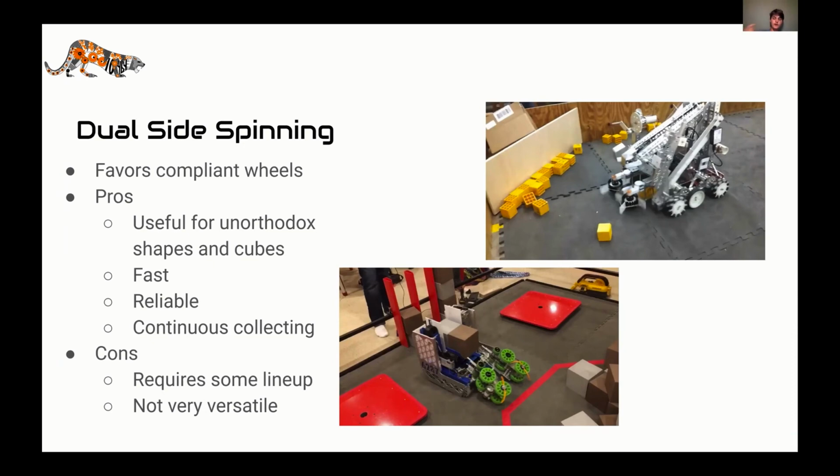You can start it running, and there's not a lot of lineup. You just go over to whatever you need to go over to, and it will just suck it up into your robot. There's a little bit of lineup, but not a whole bunch of it. These are something that we have used frequently in past games and have gotten a lot of success out of.